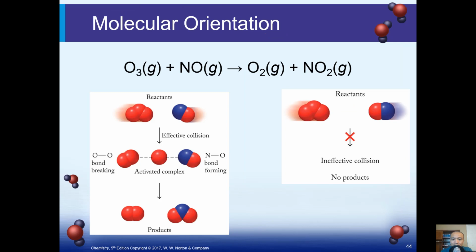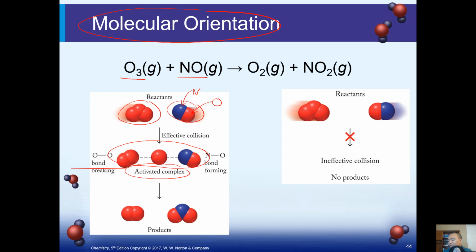To understand the role of collision orientation, let's look at this example. Consider ozone reacting with nitrogen monoxide. Ozone and nitrogen monoxide should be arranged in such a way that the nitrogen, which is blue, faces the ozone, with oxygen represented in red. This will form the so-called activated complex, or transition state.